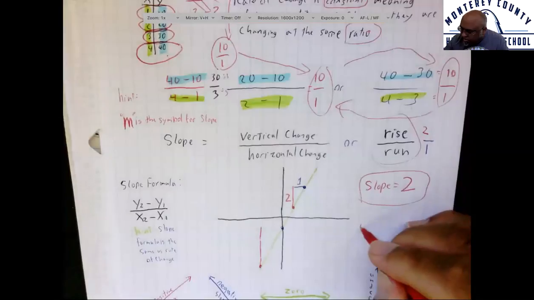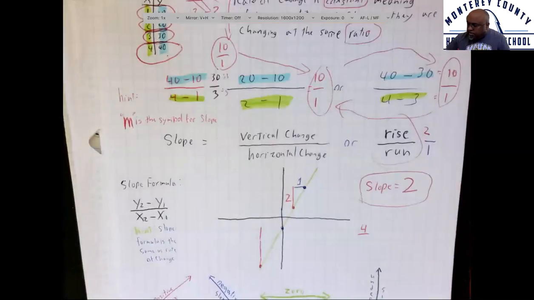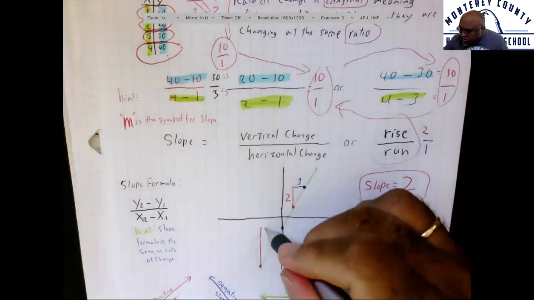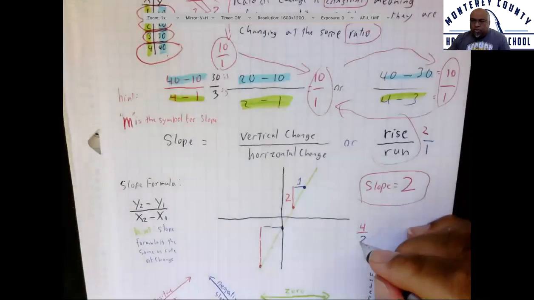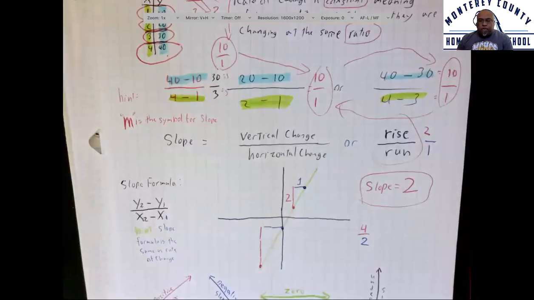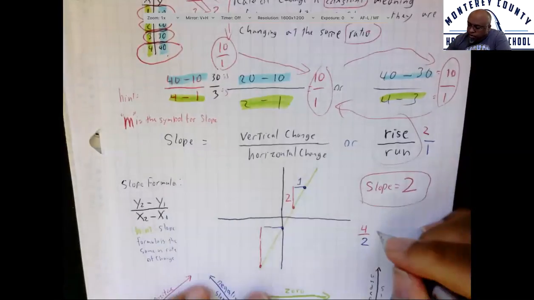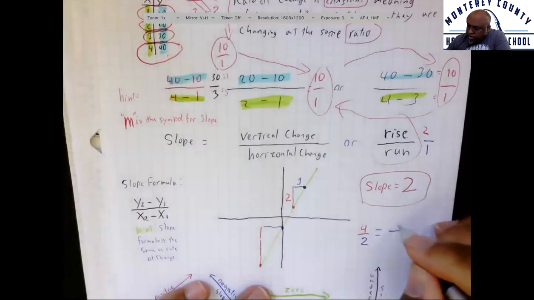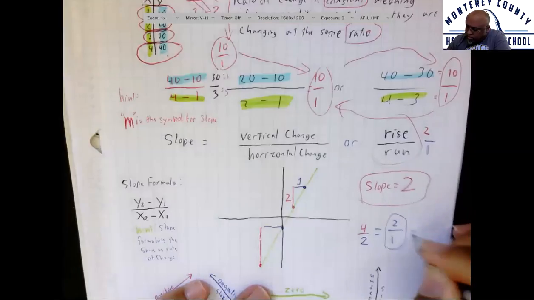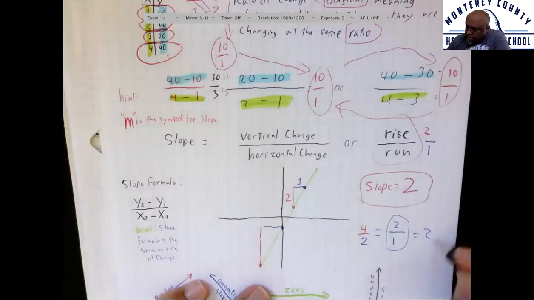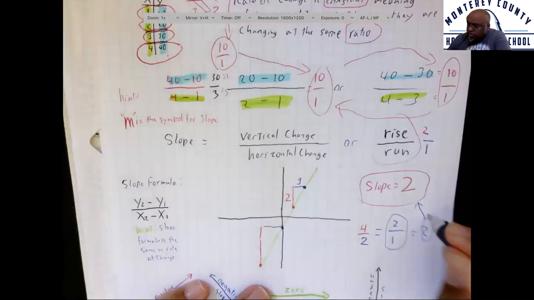Okay, so my rise is 4. Now let's do the run. 1, 2 spaces over. So I have 4 over 2. But if I reduce the fraction 4 over 2, I get 2 over 1, which equals 2, which is the same slope that I had before.